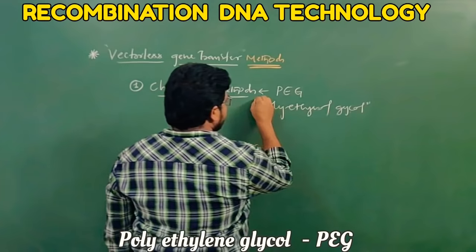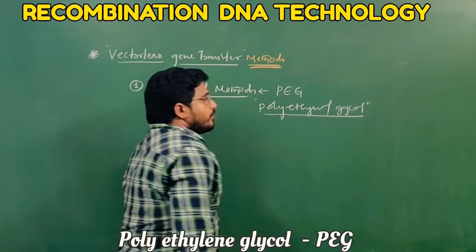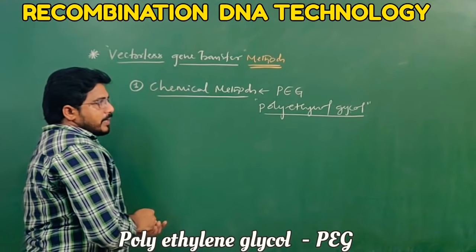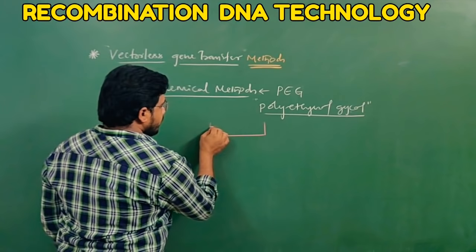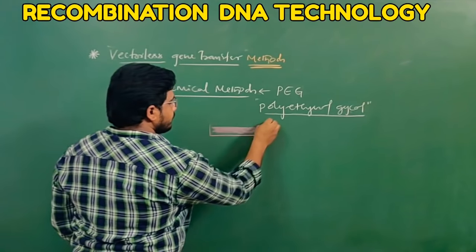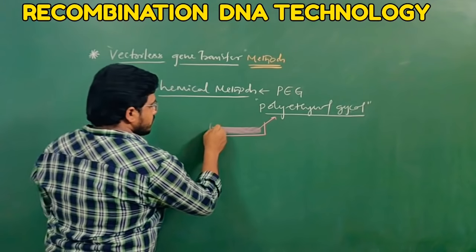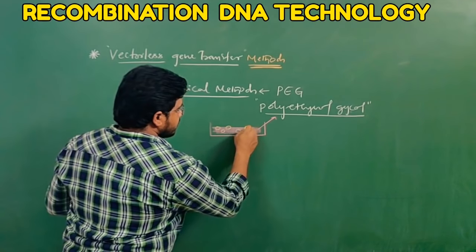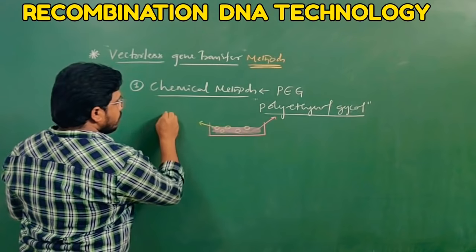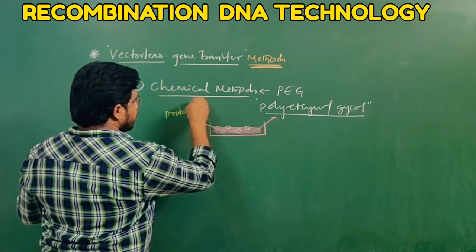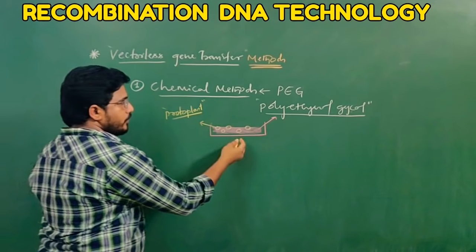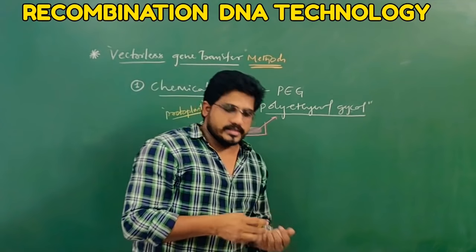It is a chemical which increases permeability. Suppose in the medium we use PEG, and in that we introduce host cells. In which stage do we have to introduce host cells? Protoplast condition. Very important this is. Along with the cell wall we cannot use it. If we do, the desired genes cannot go inside.